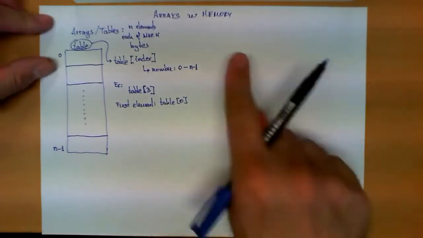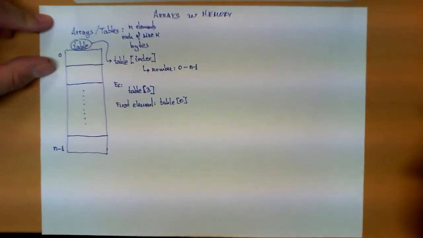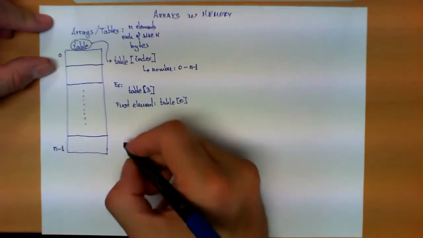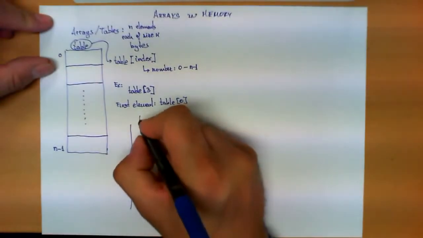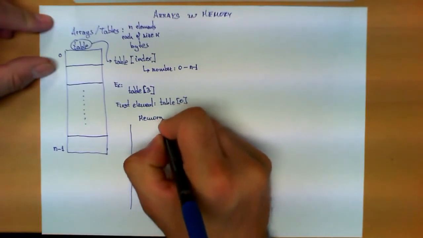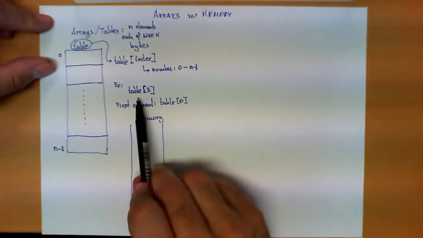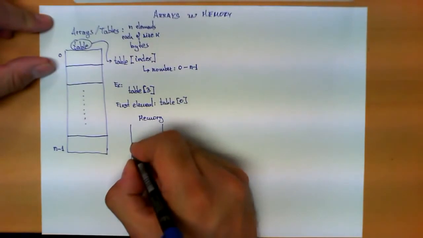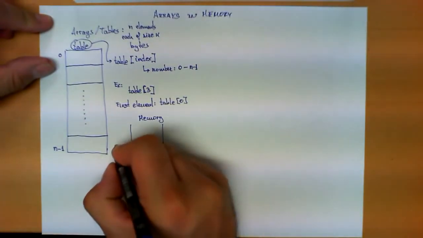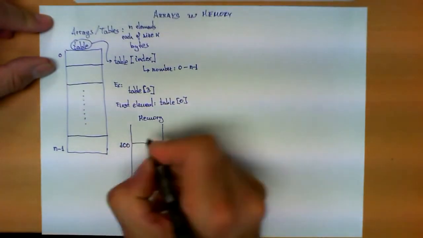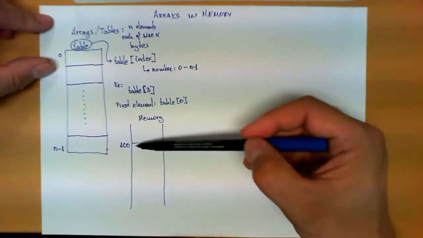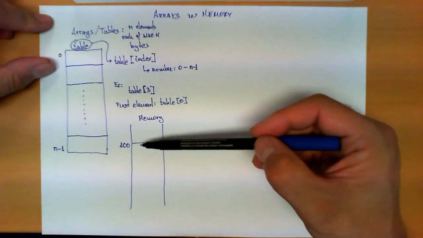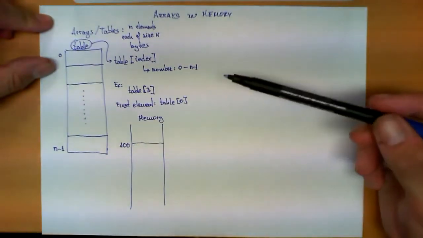Now let's see how this data structure would map into the memory of a computer system, and it's actually fairly straightforward. Let's assume this is the memory, and let's pretend that this data structure is stored beginning at the address 100. In other words, the first byte of the first element of this table is stored in position 100, then 101, 102, so on and so forth.